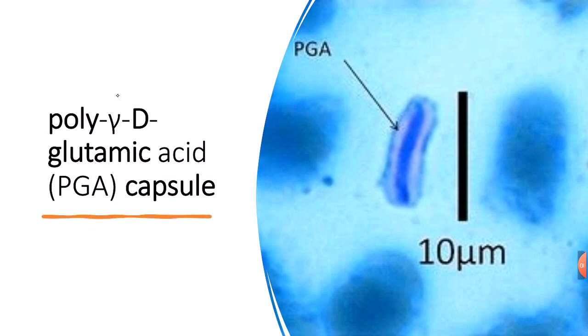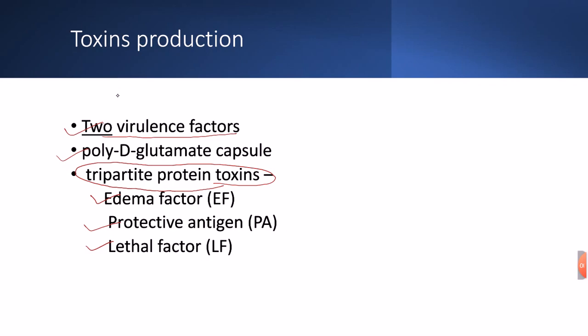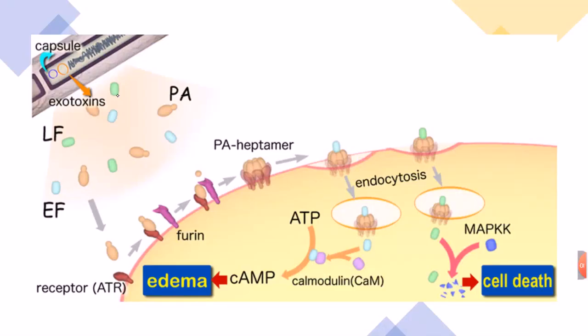You can see this is the Bacillus anthracis. Its capsule, from here, this one, in the light blue color, is known as the poly-D-glutamic acid capsule, or we can also say the poly-D-glutamate capsule. Over here, you can see that they are endotoxins, we all know that, and these are protective antigens. These are lethal factors, and this is the edema factor.